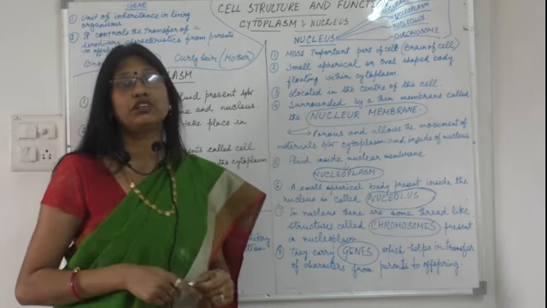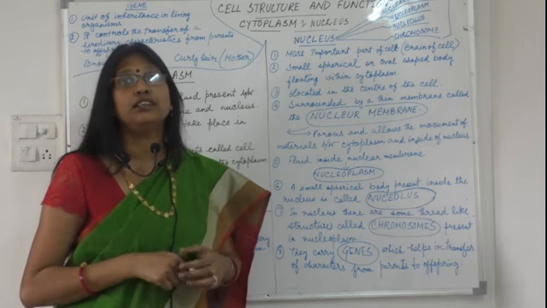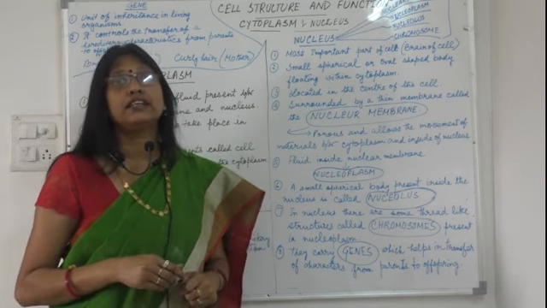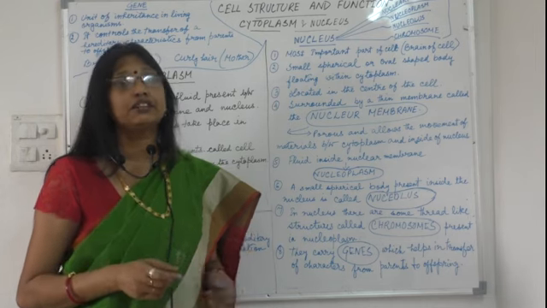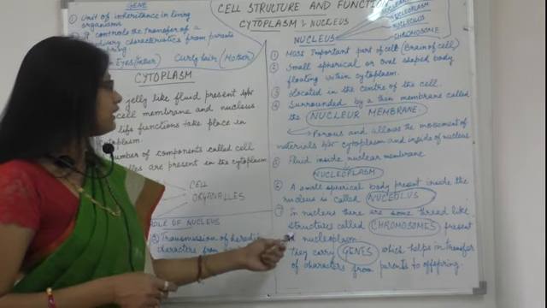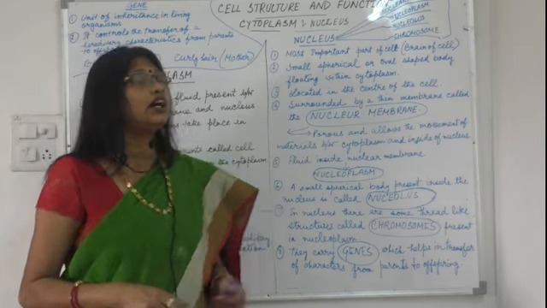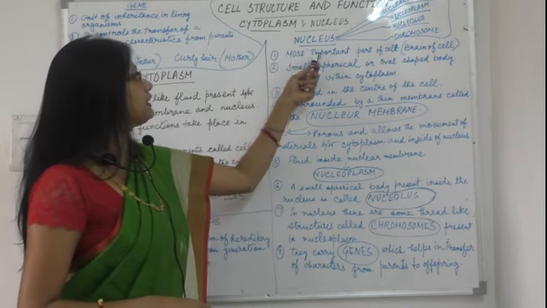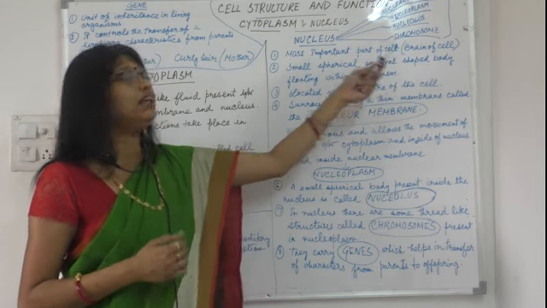So what are the points of nucleus? You have one question in your NCERT that asks you to discuss nucleus with its distinctive features. So these points are the distinctive features of nucleus. First point is, it is the most important part of the cell, that is the brain of the cell.